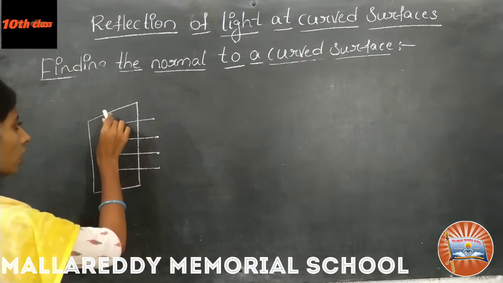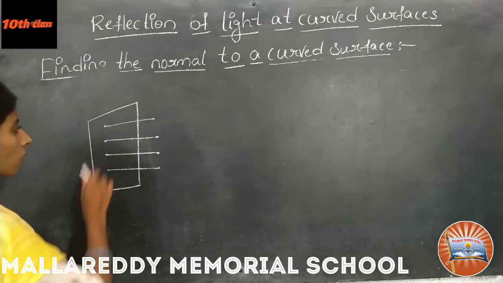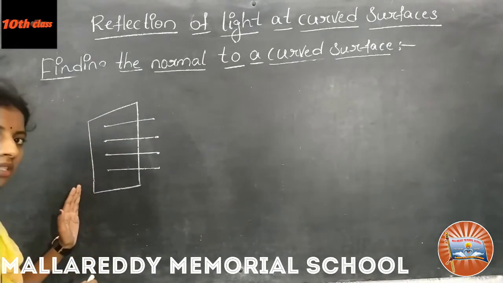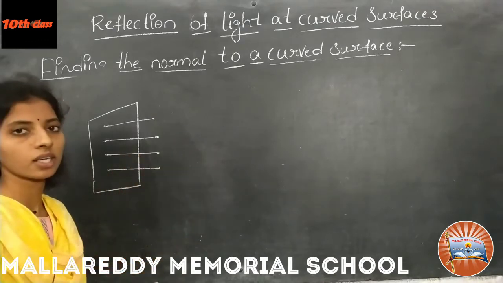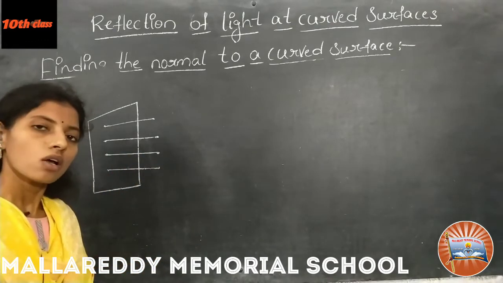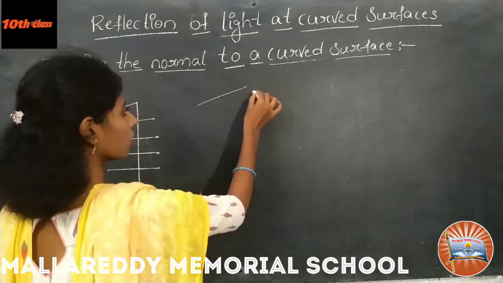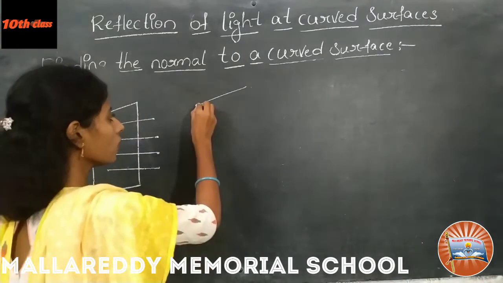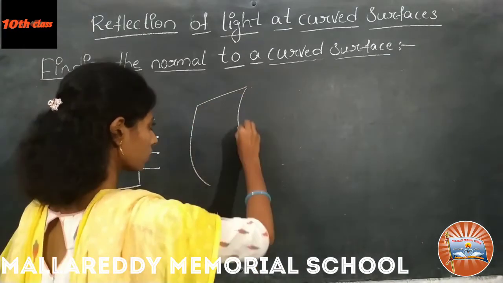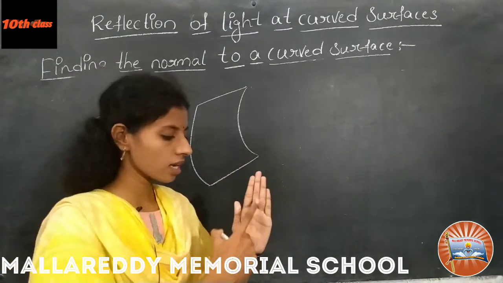So at all the points of contact of the pins with this foam, the incident ray will come and reflect with the same angle, right? For example, if you bend the foam inwards, what will happen? The foam is like this now.